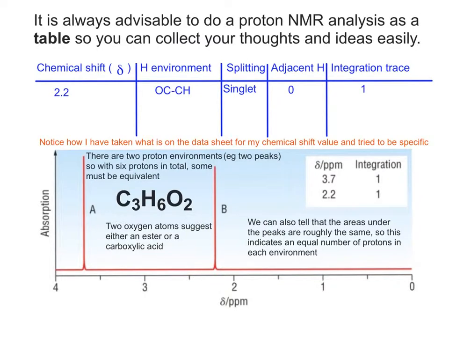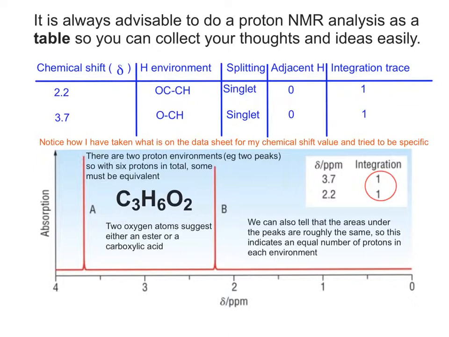So looking at the analysis of the first peak at 2.2, I've tried to be specific, haven't I, when I've talked about the hydrogen environment. It's a singlet, which means there's no adjacent hydrogens, and its integration trace is 1. So I've now done the same for the chemical shift at 3.7. Now you'll notice that the actual question itself gives me the integration trace.